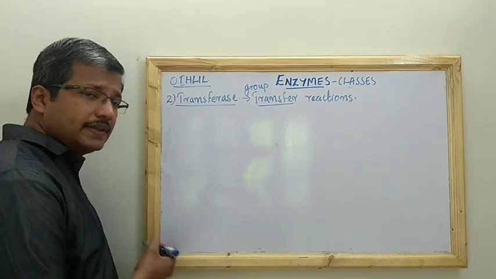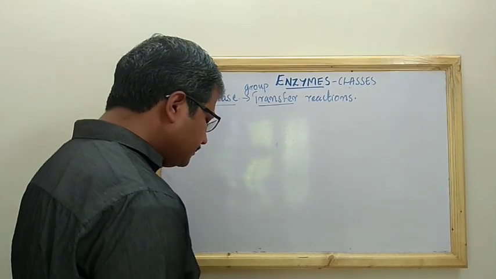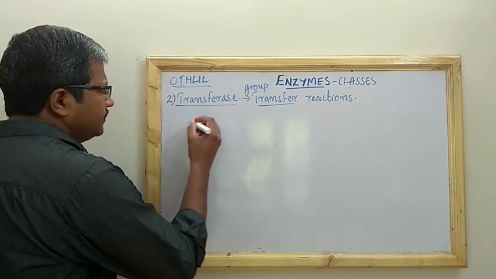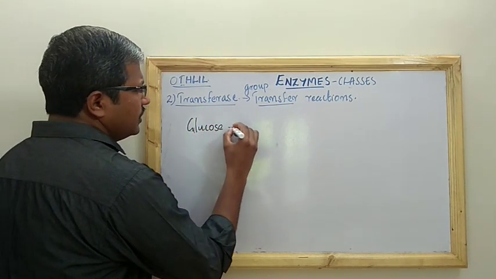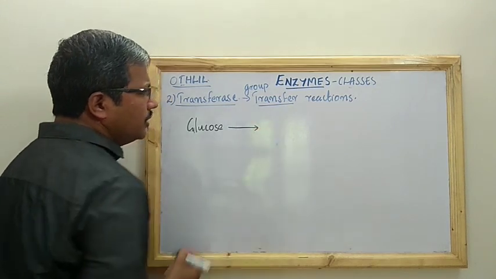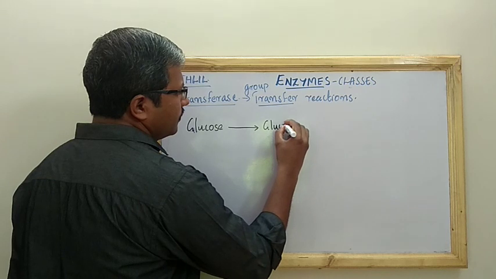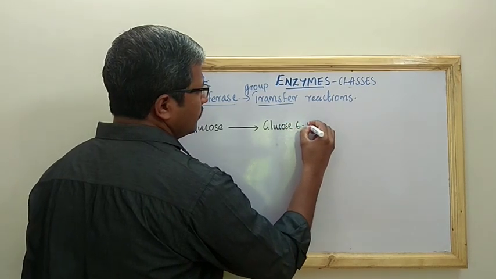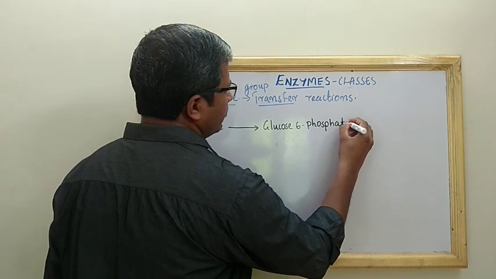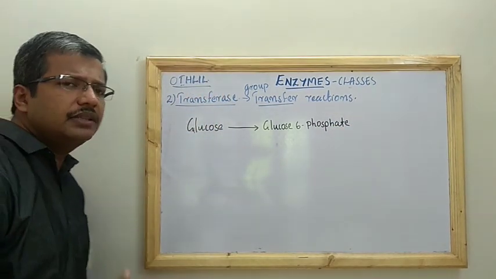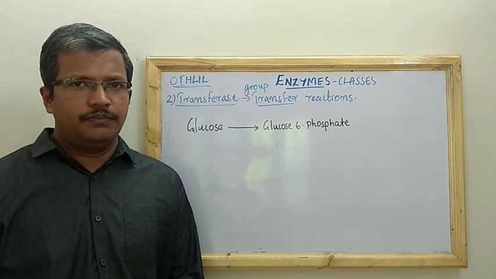In your glycolysis, you have glucose, which is irreversibly converted into glucose 6-phosphate.